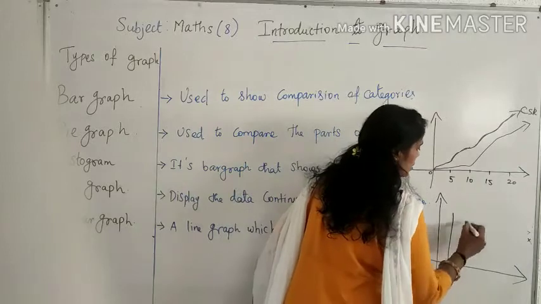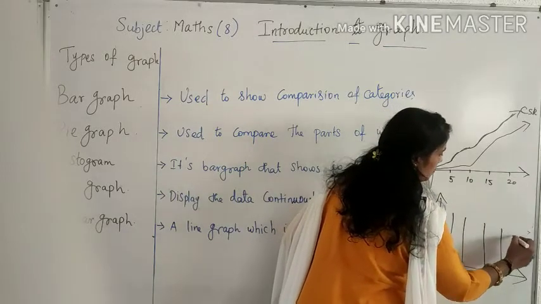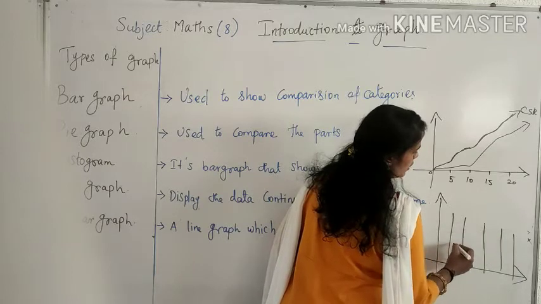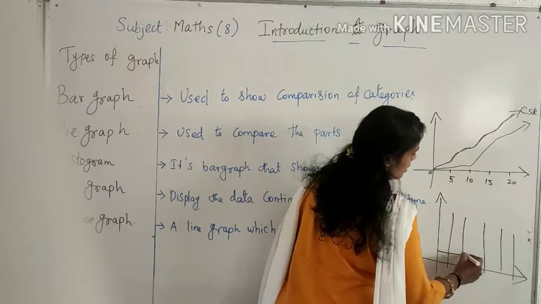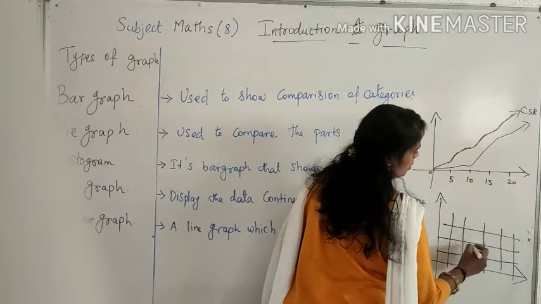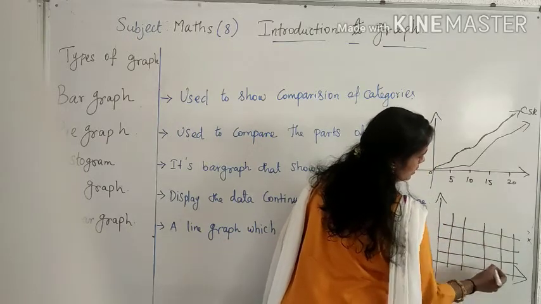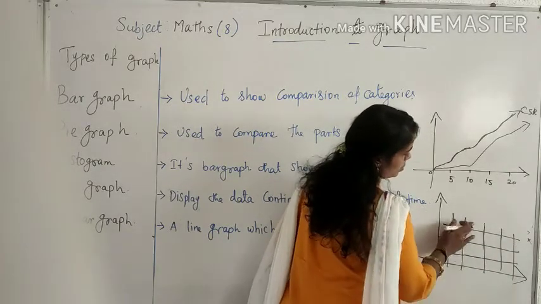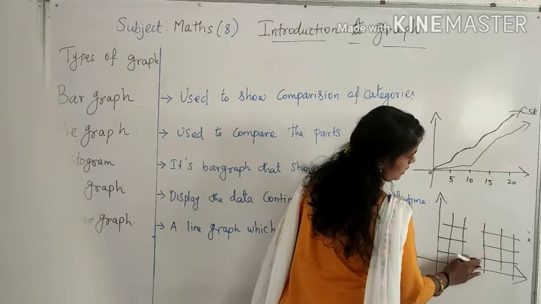The seating arrangement will be row-wise, like this. So here, this is the first row, and this is the second row, and in between a gap will be there, so that you can understand.